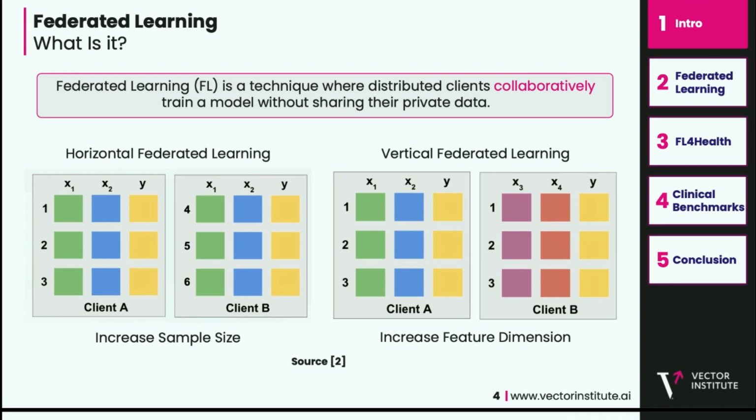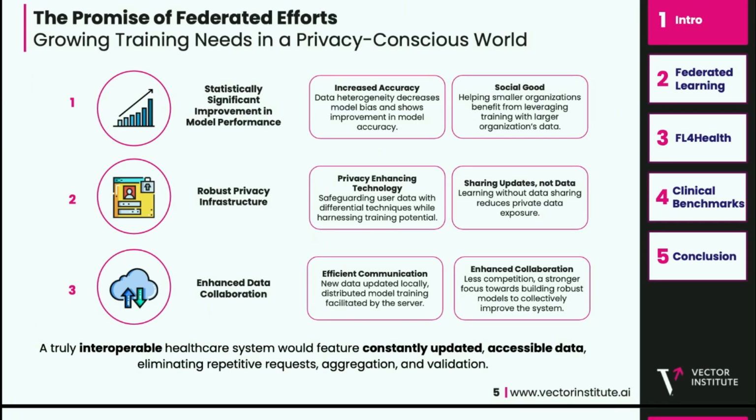And some of the promises of federated learning are increased model performance. So by virtue of leveraging a larger data set, we can get better performance. And we're also leveraging data from multiple sources, different hospitals. So by having a more diverse data set, we can be more robust to different patient populations. Federated learning also affords us some privacy.